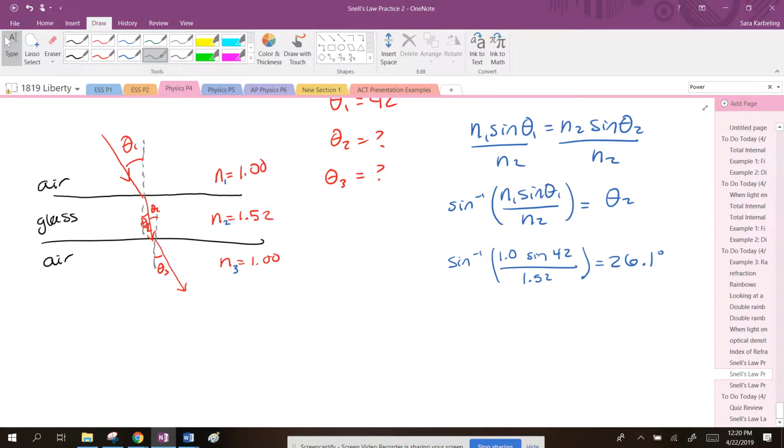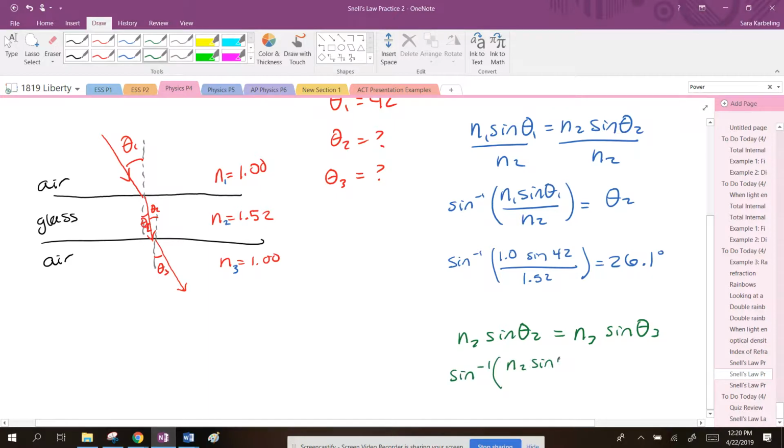And then the second part, same game. So it's going to be N2 sine theta 2 is equal to N3 sine theta 3. You're solving for theta 3. Same process again. So you're going to do inverse sine of N2 sine theta 2 divided by N3 is equal to theta 3.